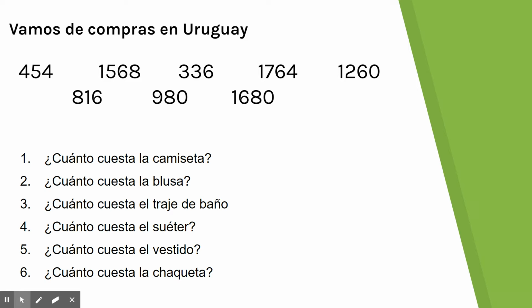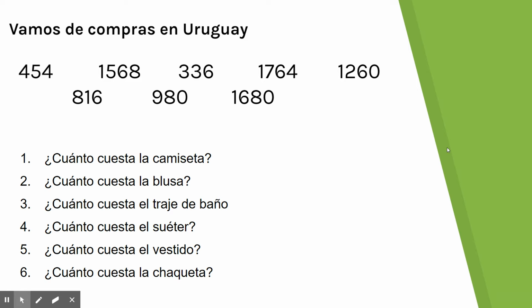El suéter cuesta 1.568 pesos. 5. ¿Cuánto cuesta el vestido? 1.680 pesos. 6. La chaqueta cuesta 1.764 pesos.